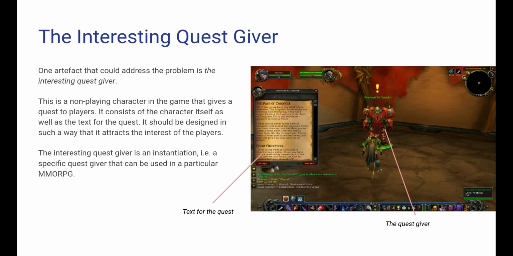And now it should be designed in such a way that it attracts the interest of the players so that it makes them more motivated and makes the game less boring. And for the type of this artifact, it's an instantiation. It's a specific quest giver that can be used in a particular MMORPG.